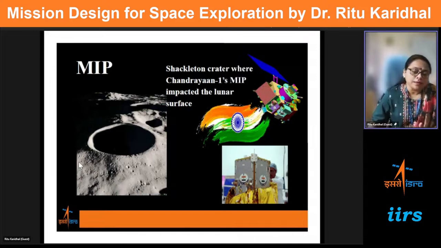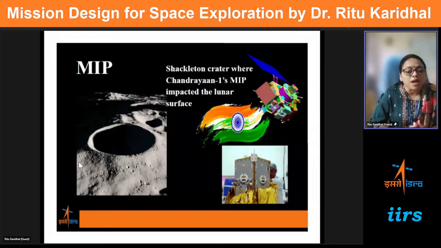Apart from that, as we do one mission, we lay a strong background for another mission. This mission helped us understand the lunar surface in a much more detailed way. We had payloads which were taking images of the full moon surface, providing digital elevation maps and stereo images: how the craters look, what the surface looks like, how deep it is, and what the terrain features are.